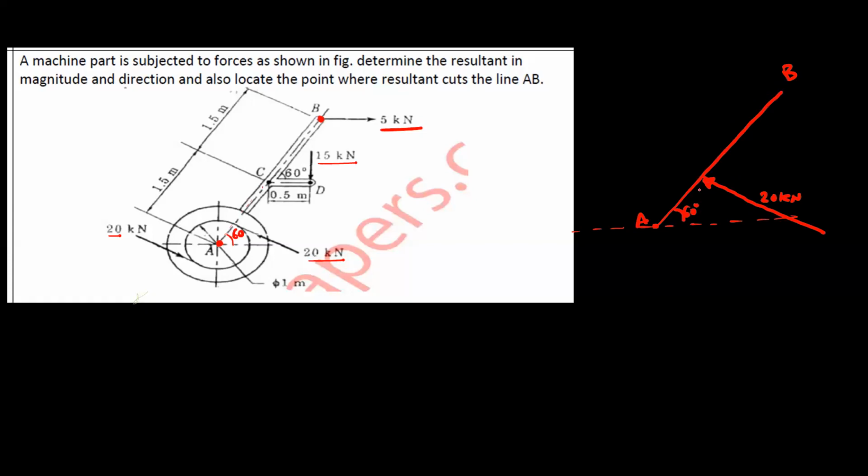So its angle will be, this is 60, this is 90 degree, because this force is tangential to this circle. As this is a tangent, at this point this is the radius, so this is perpendicular. So this angle is 30 degree. Similarly, this angle will be 30 degree. So you have the second force like this. Its angle is also 30 degree.